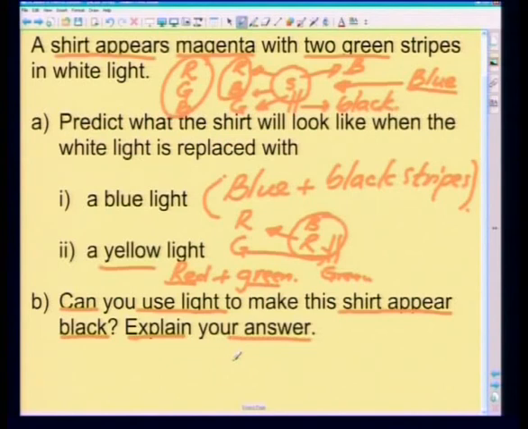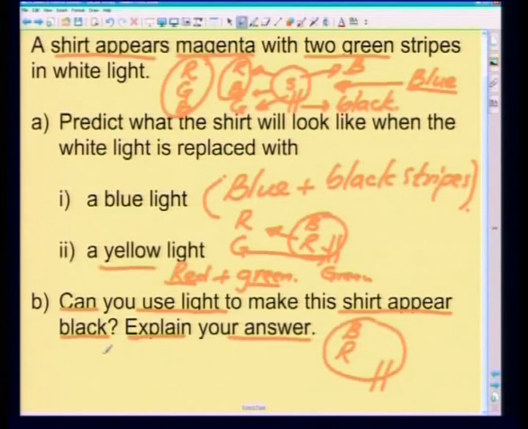Why can't we make it look black? The shade in white light has got magenta, which is blue and red, and green stripes. That's what it has. So if we bring all the colors here, the white light, that's what we'll see.